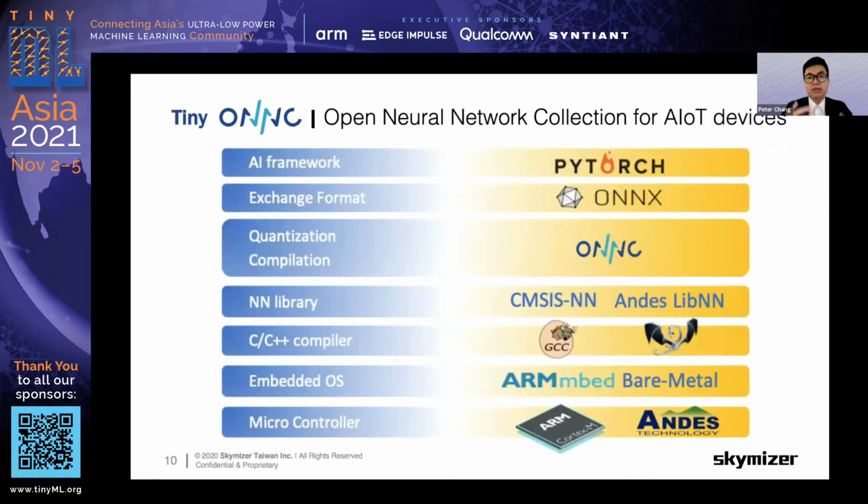And we bring this solution to IoT devices. So we provide Tiny ONNC, which is an Open Neural Network Compiler for IoT devices. We support AI frameworks PyTorch, TensorFlow, Keras, and support neural network libraries like CMSIS-NN and Andes libNN in our supporting list.